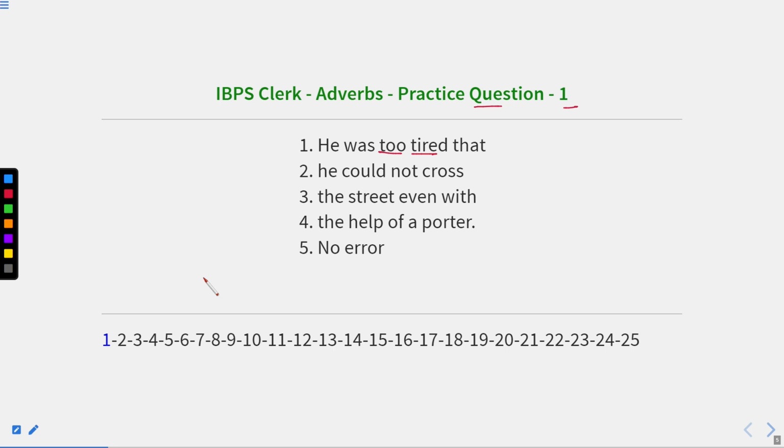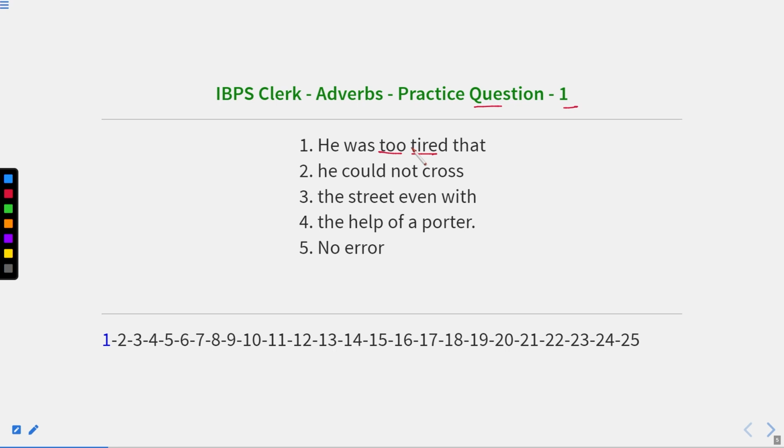And we know very well that extremeness of anything is not good, whether it is good or bad. Excessiveness of anything is not good at all. So whenever we use too, it makes a negative sense, but here it is written too tired that he could not cross.